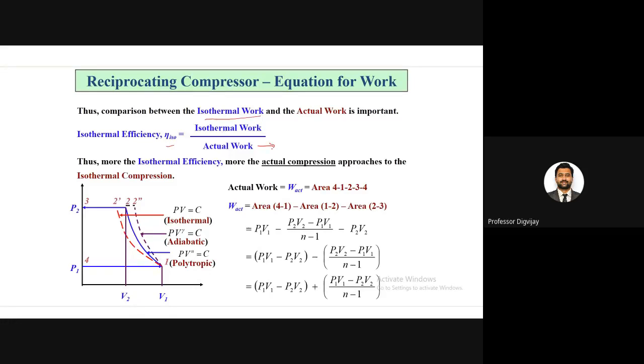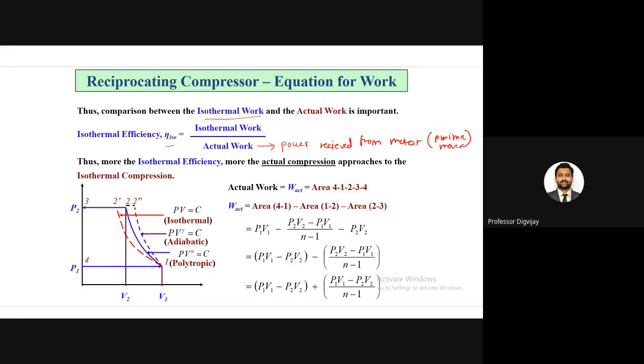Actual work is nothing but the power received from the motor. Generally it is noted as the prime mover.